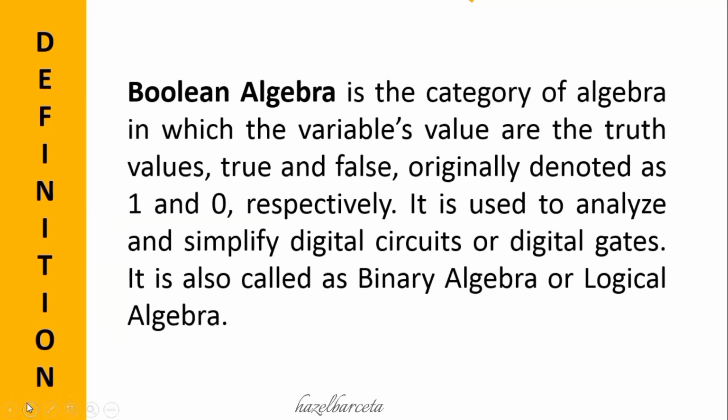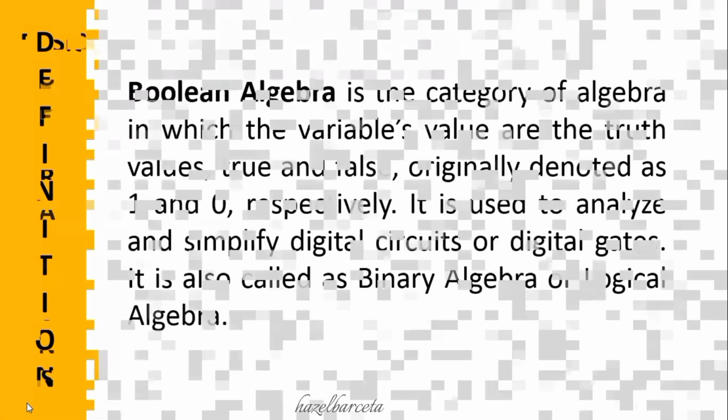So 1 is true, 0 is false. It is used to analyze and simplify digital circuits or digital gates. As for the circuits, 1 is on, 0 is off. Okay? It is also called binary algebra or logical algebra. So we will use 1 and 0. That is why binary. Okay? So that is all for the definition.